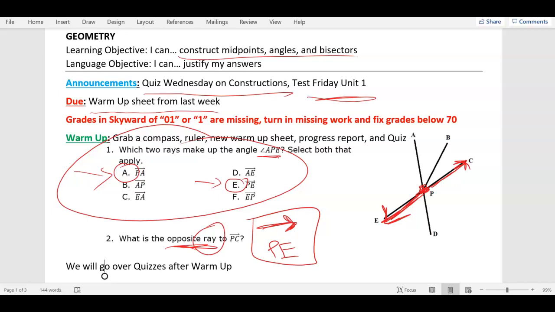I'm going to pass this out to you after we go over the quizzes, but for the recording, I'm just letting you know. That's the assignment for those who watch this video that I'm recording. And just remember, quiz on Wednesday over construction stuff that we've been doing, that we're doing today. And then we'll have a test on Friday. There'll be a review on Thursday. Okay, that's it.